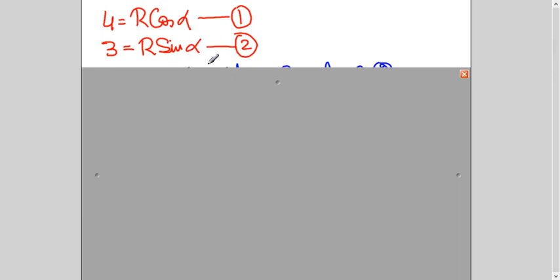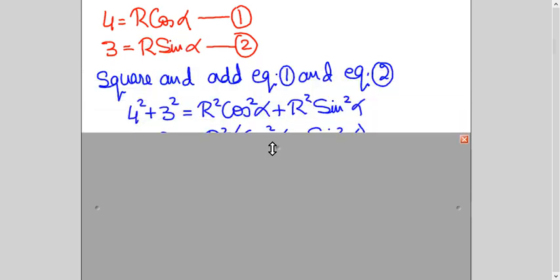One method is to square both the terms. If you square this, it becomes 4 squared equals r squared cos squared alpha. You square this term also, 3 squared equals r squared sine squared alpha, and then add them up.